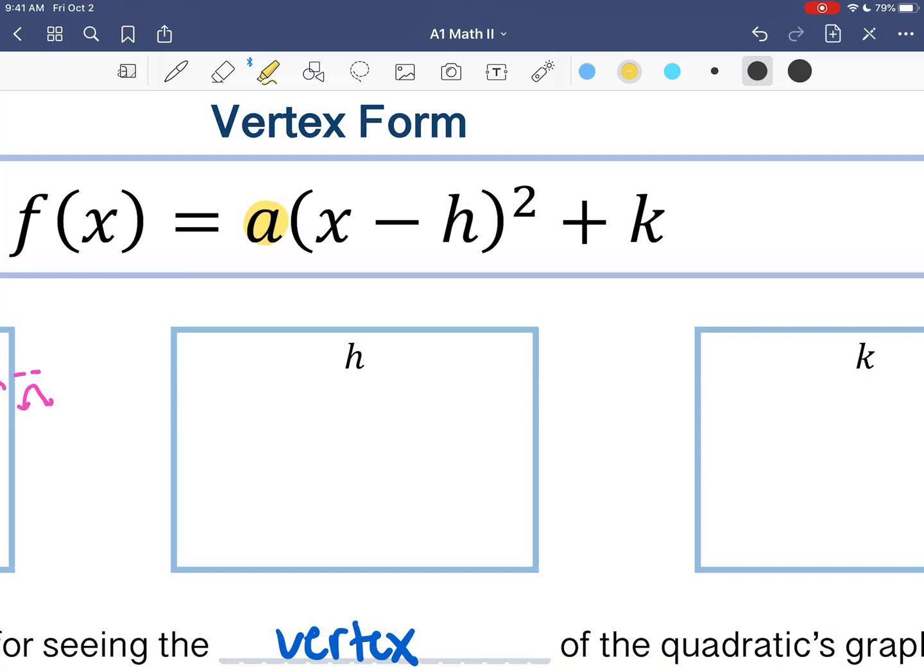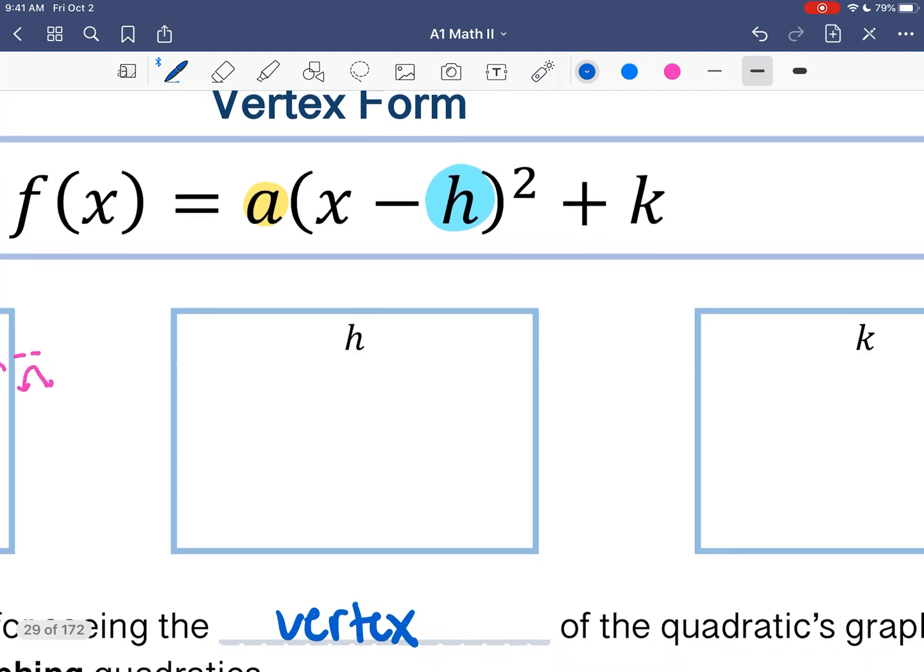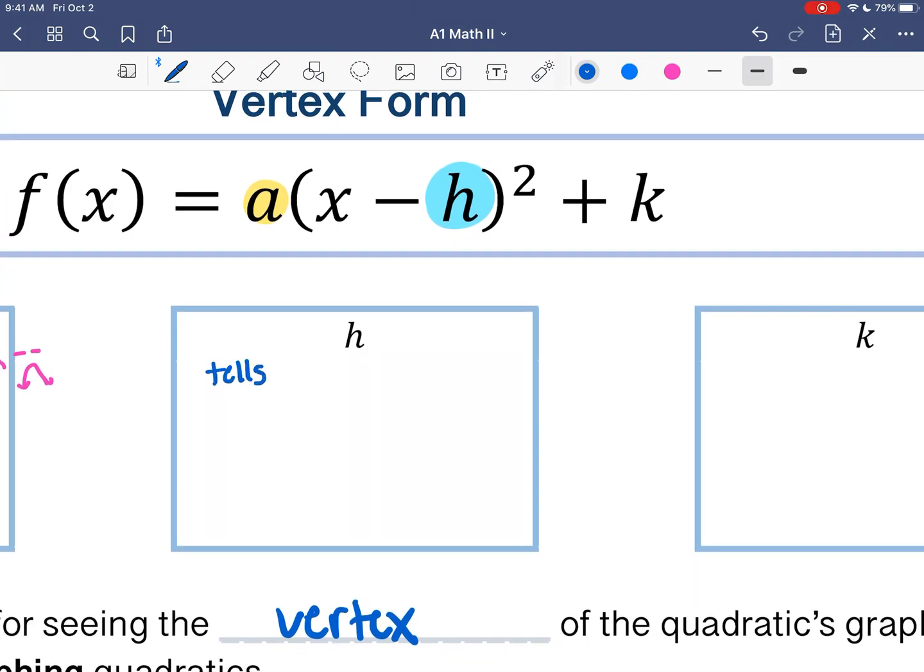Then we have the h value, which notice in the formula it has a negative, so this one ends up being opposite sign, just for future reference. The h value tells us the x value of the vertex.